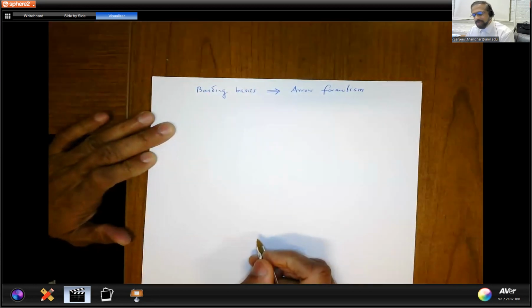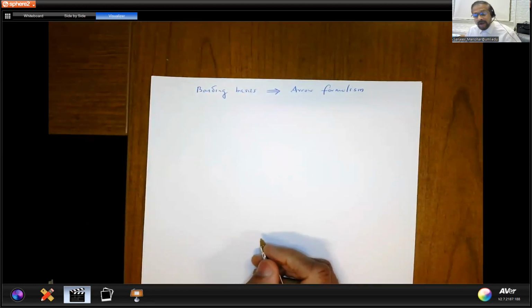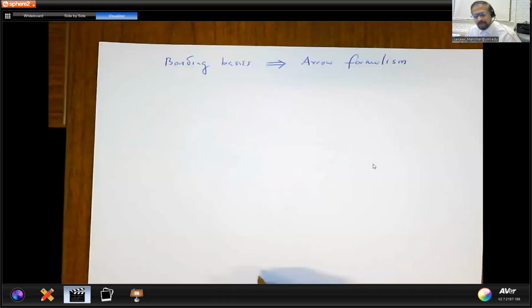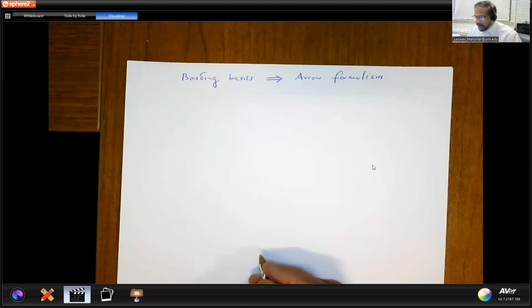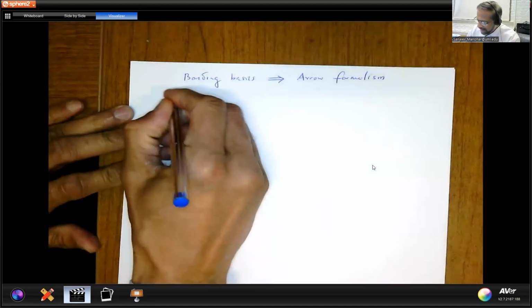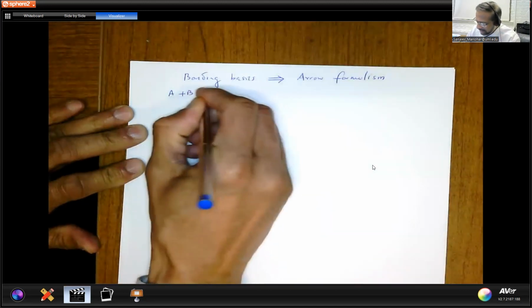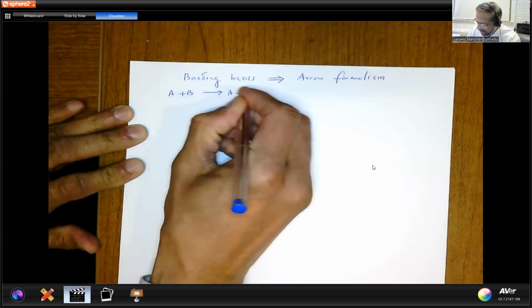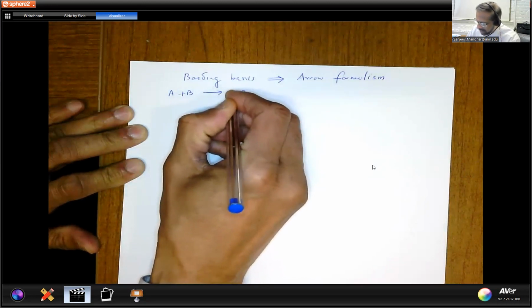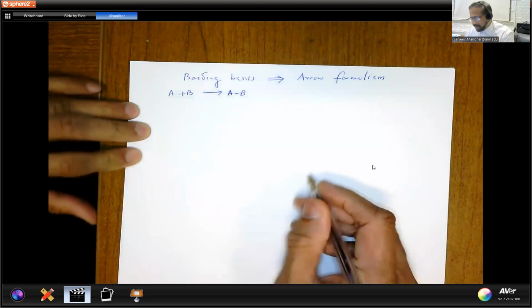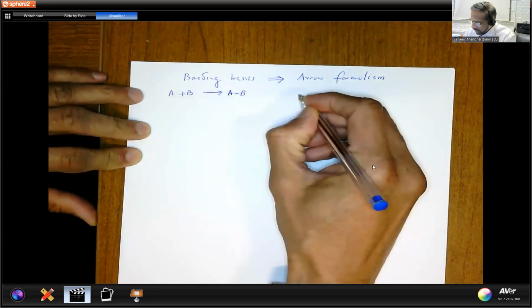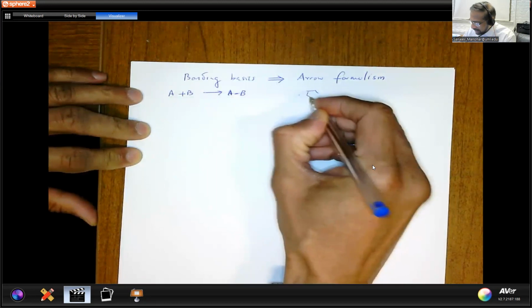That's what we are trying to do, from bonding basics to arrow formalism. Those of you who've taken organic, you know what I'm talking about. Bonding basics is what is A plus B giving you A-B. There's a line between A and B, that's a bond. What does that really mean?